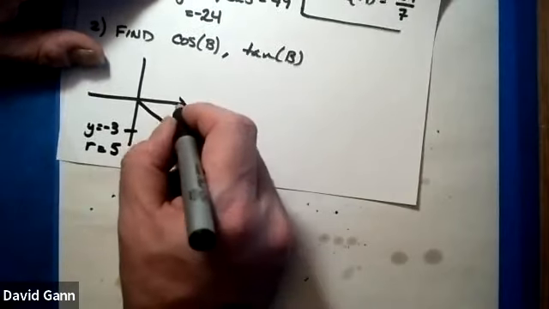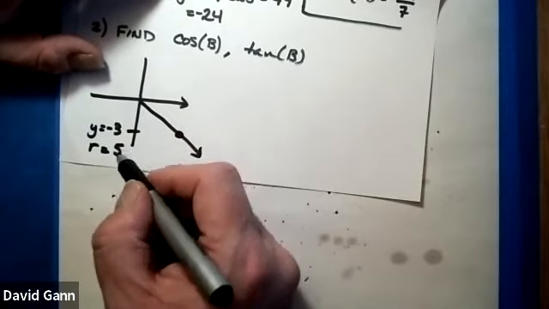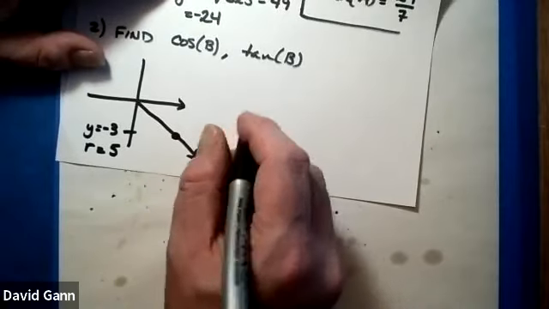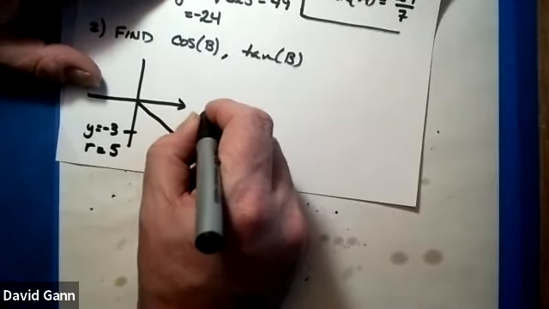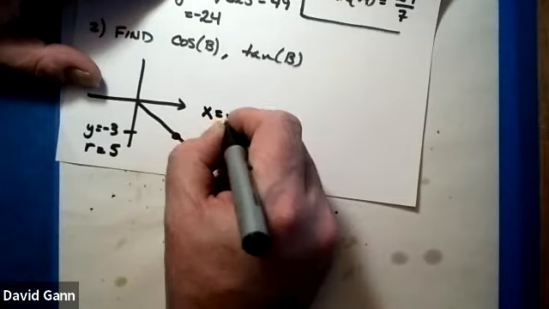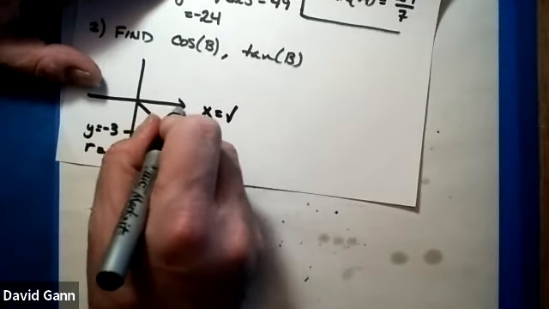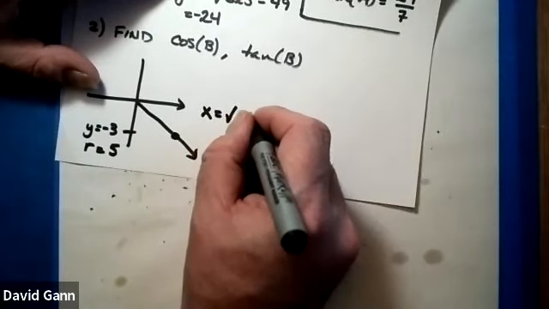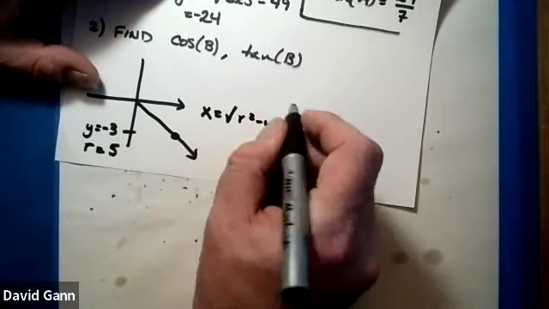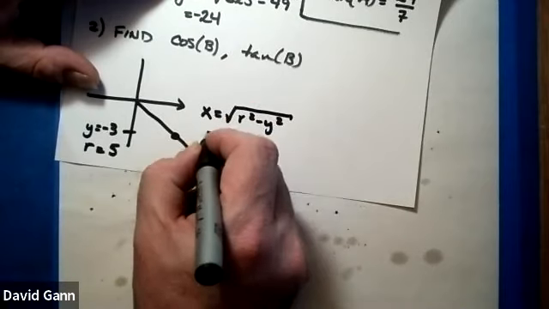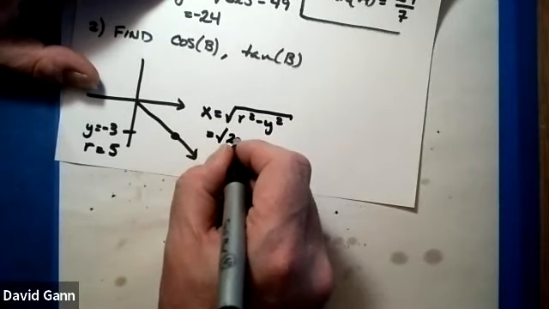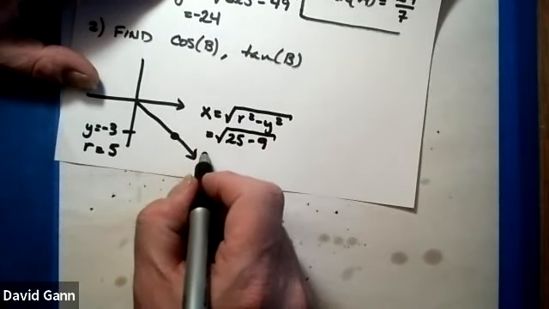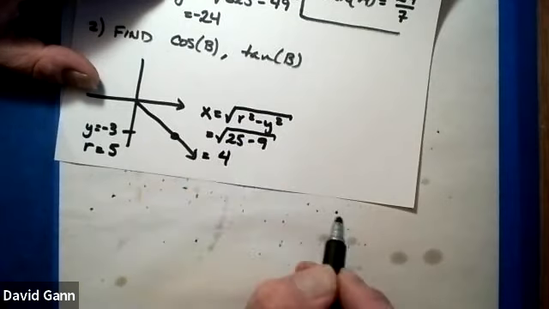And I think we've done this particular setup enough times that hopefully you'll see that x is equal to 4. But I'll go ahead and show it. So x is going to be equal to the positive square root, because it's in either quadrant 1 or 4, of r squared minus y squared, which happens to be equal to the square root of 25 minus 9. Which, as I hoped, comes out to +4.